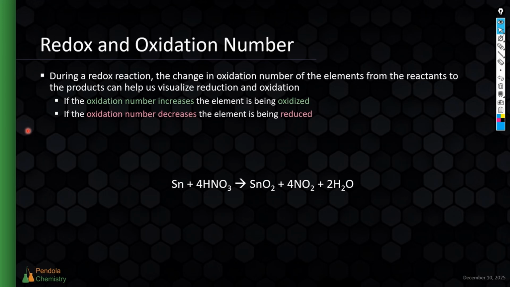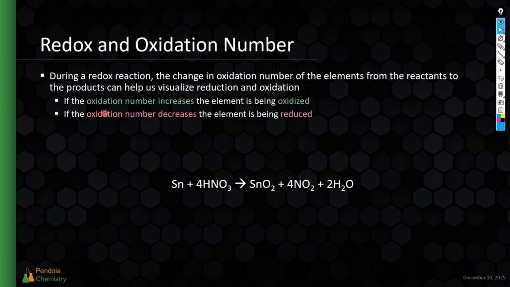Redox and oxidation numbers are going to be related in the sense that we are going to use oxidation numbers in order to see which elements in a redox reaction are oxidized and reduced. Oxidation numbers are very straightforward, and they're called oxidation numbers for a reason. If the oxidation number increases for an element from the reactants to the products in a reaction, then that element is being oxidized, meaning that that element is losing electrons.